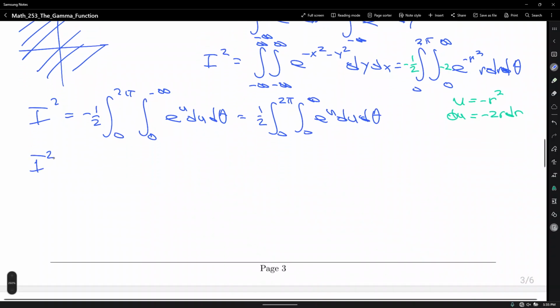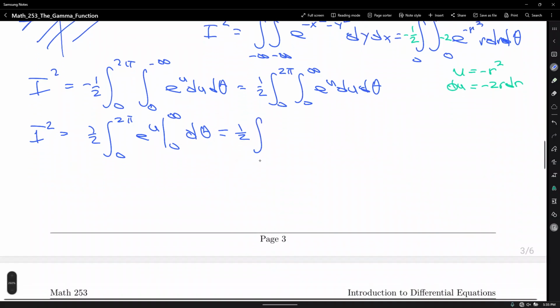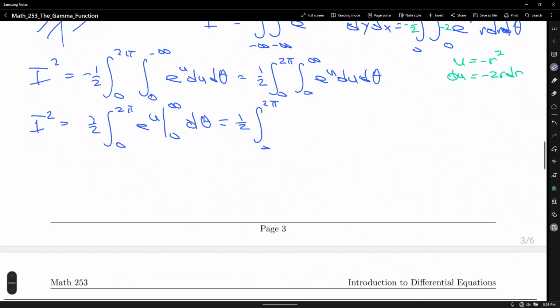And what's next? I squared equals 1/2 integral from 0 to 2 pi of e to the u from 0 to infinity d theta. Technically, I should write a limit definition, but I'm just going to do it without the limit notation.